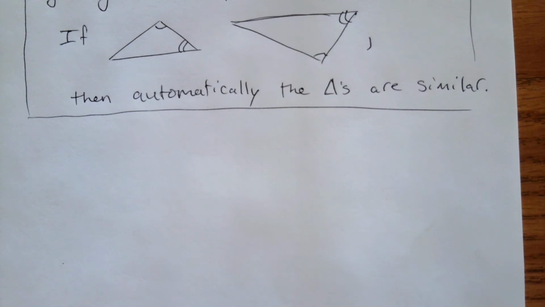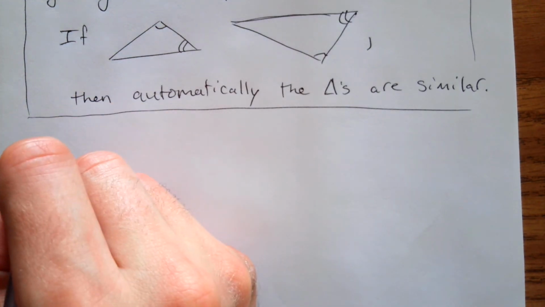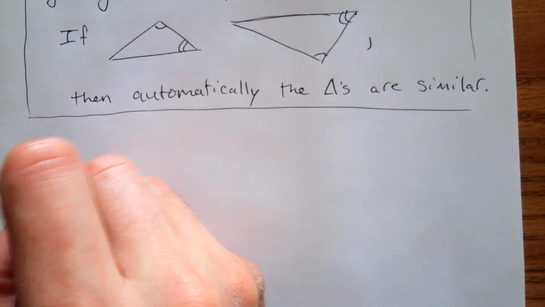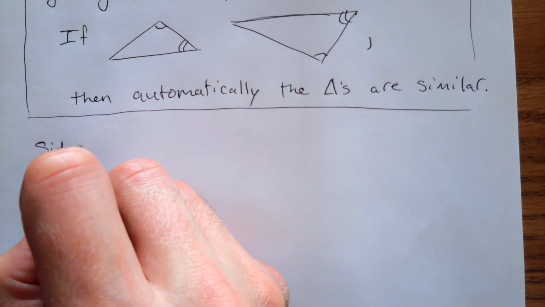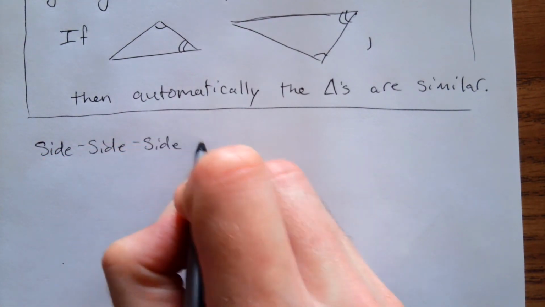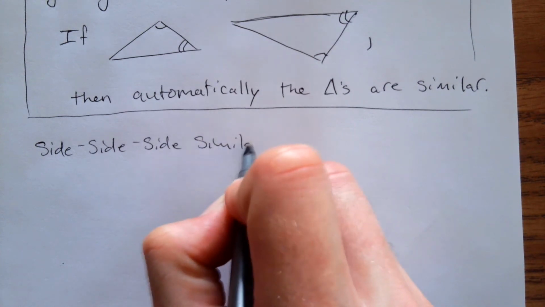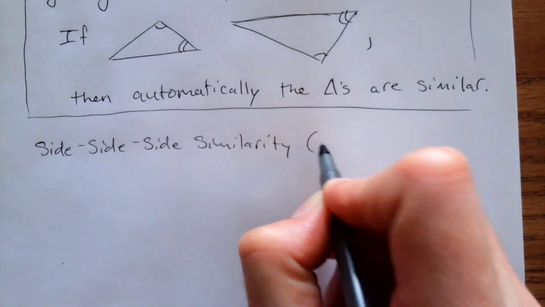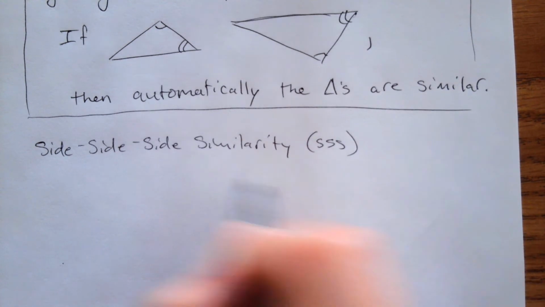The new ones that we're going to look at, which I didn't realize were involved in the other assignment, are side similarity. And again, that's SSS.